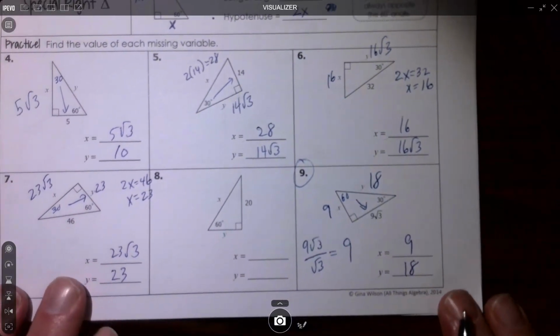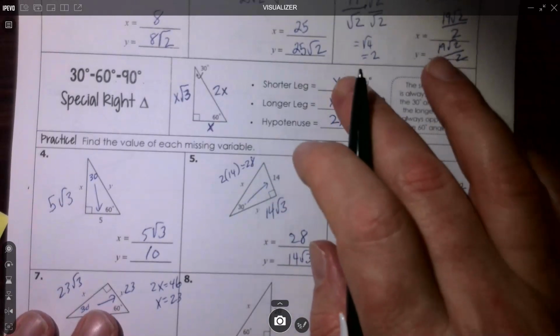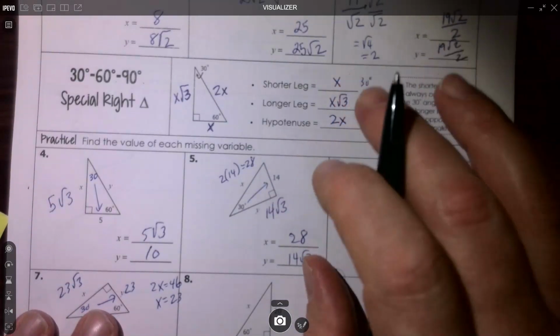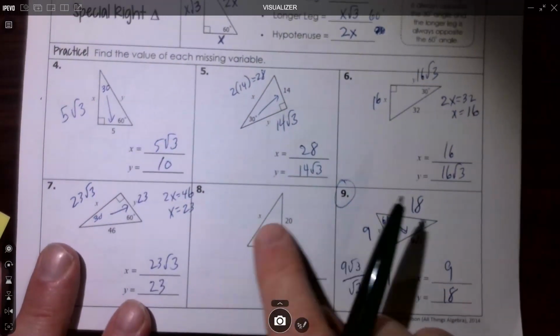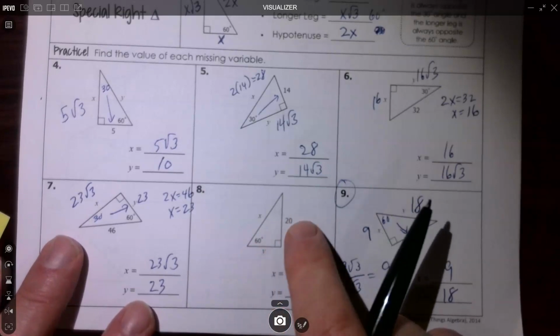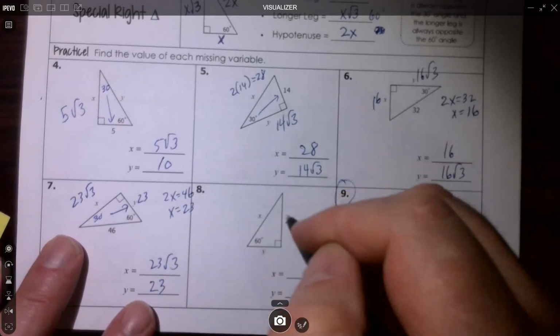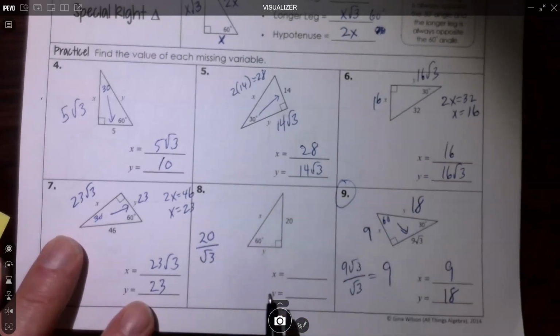All right, so when you're given the middle side, you have to go backwards to get the shorter leg so you can get both the other two. If you're given the middle one, like you are here. See how this one's in the middle? This is the middle side. So we have to do 20 divided by the square root of 3.